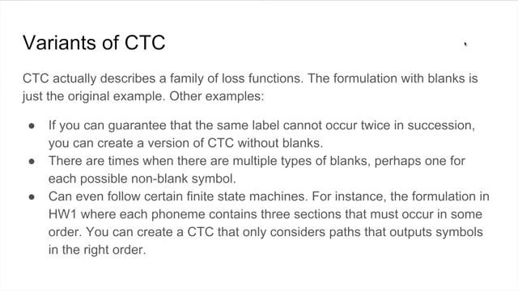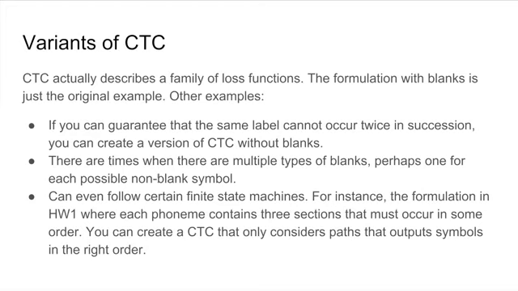In fact, the formulation that we've just described is not the only formulation of CTC that exists. The setup in which we introduce a blank character and design this collapsing function from the set of possible outputs to the set of labelings is just what's described by the original paper authors. The CTC loss doesn't limit us to that.